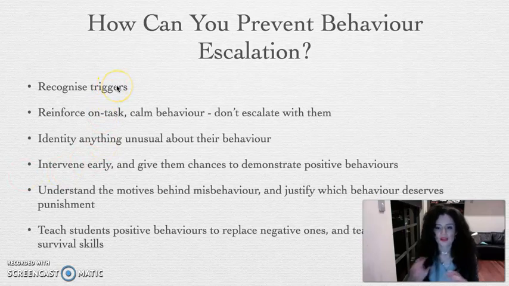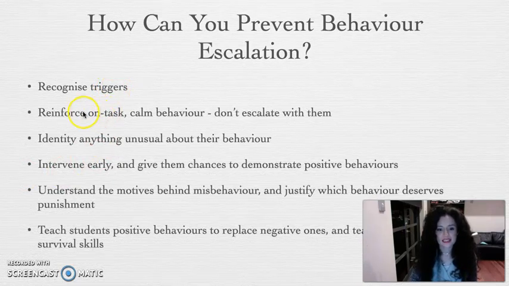You can prevent behaviour escalation by recognising triggers, reinforcing calm on-task behaviour, identifying anything unusual or any potential triggers with their behaviour, intervening early, understanding the motives behind the misbehaviour, and teaching students positive behaviours to replace the negative ones, and also teaching them academic survival skills.